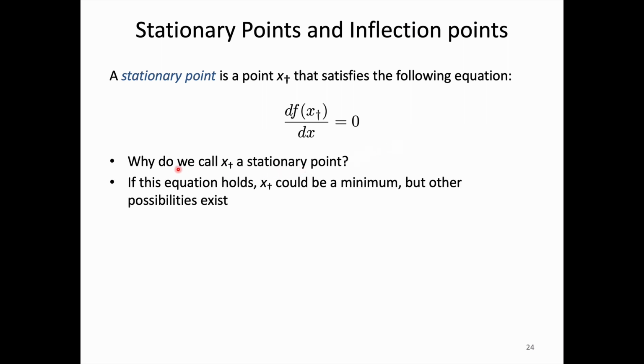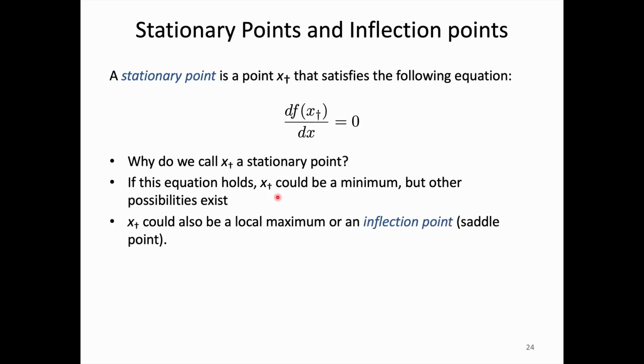So if this equation holds, if this is a stationary point and the derivative of f of x at x dagger is equal to 0, x dagger could be a minimum, but other possibilities exist. So if it is a stable stationary point, then yes, it is a local minimum.